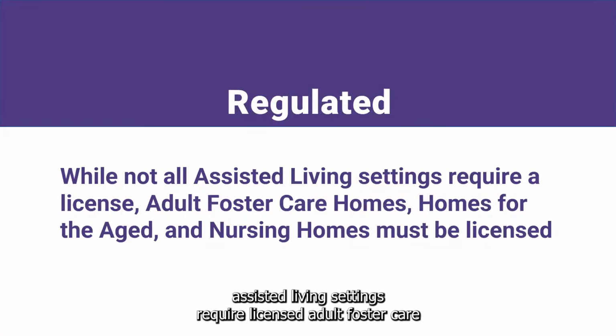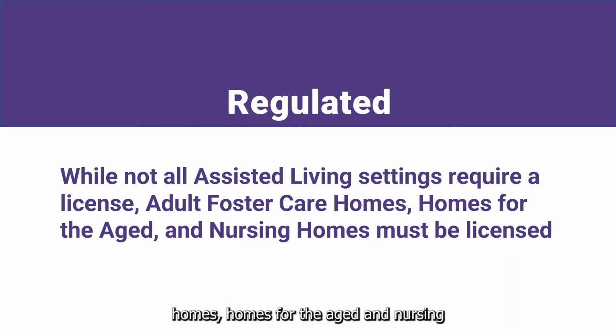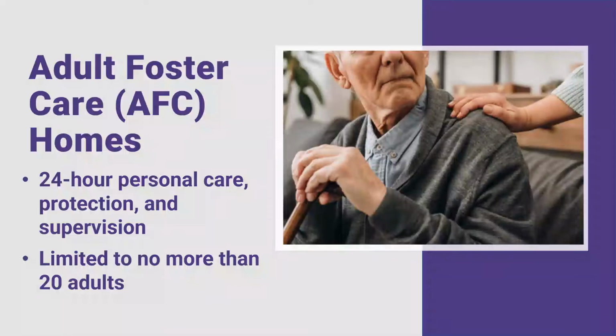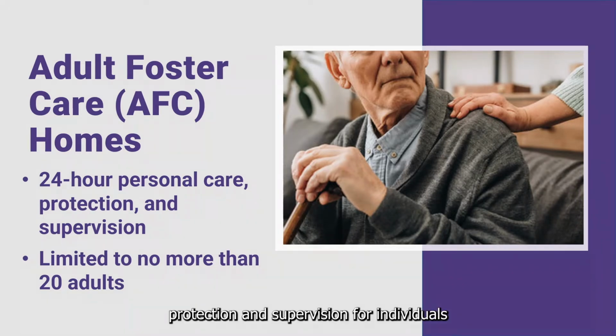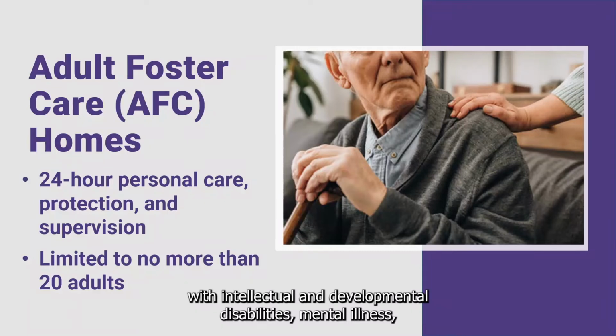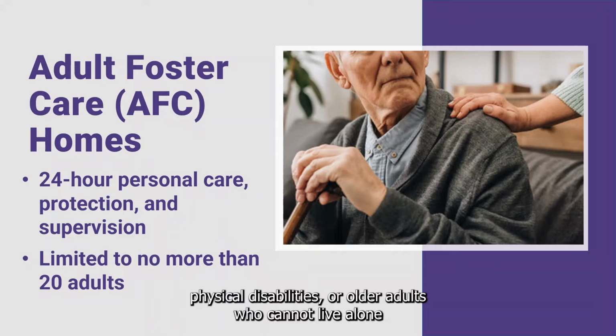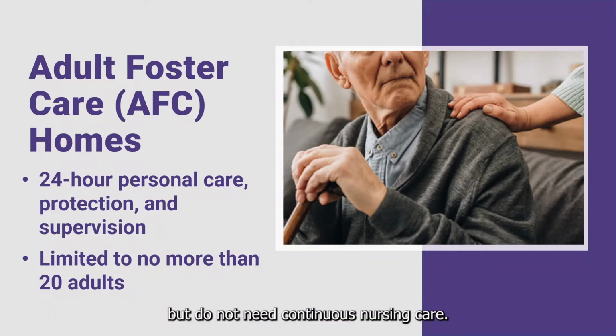While not all assisted living settings require a license, adult foster care homes, homes for the aged, and nursing homes must be licensed. Adult foster care homes provide 24-hour personal care, protection, and supervision for individuals with intellectual and developmental disabilities, mental illness, physical disabilities, or older adults who cannot live alone but do not need continuous nursing care.